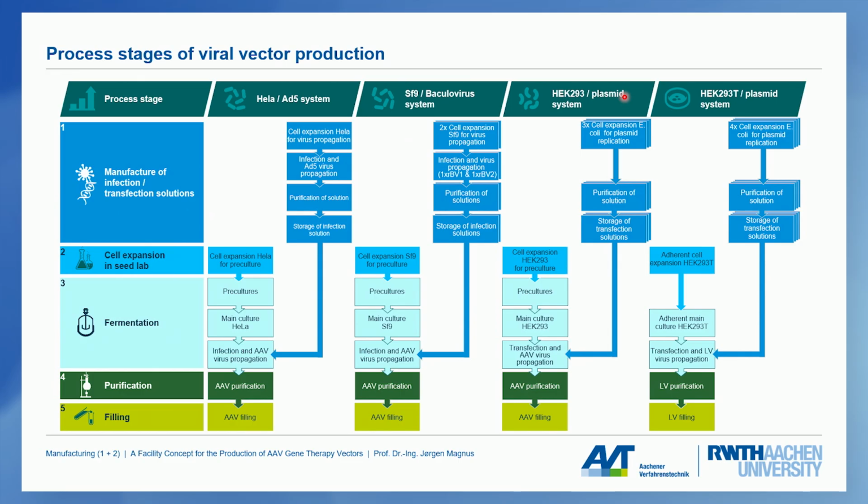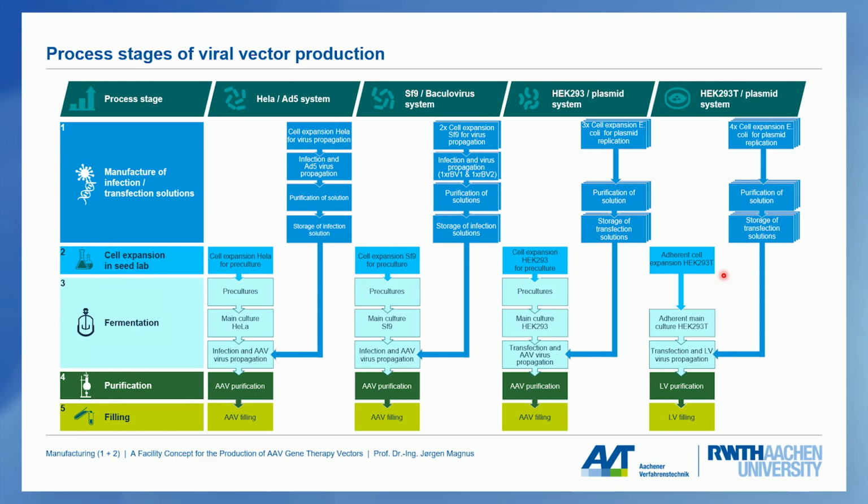At the end of it, we also included and tried to consider here a production process for lentivirus, just to have that as well. And lentivirus can be produced in suspension culture too, but it has been assumed here that we have adherent cell culture, just to be able to look at that production scenario too, which will be very different.